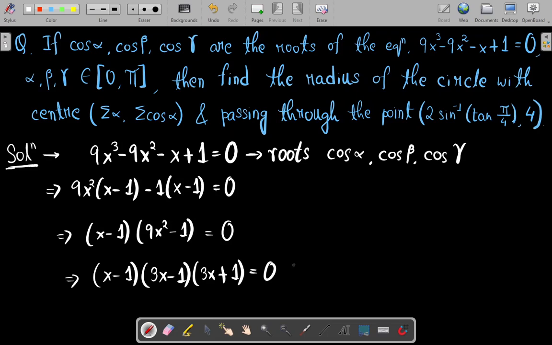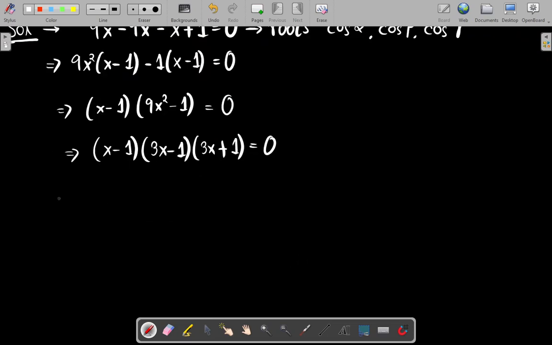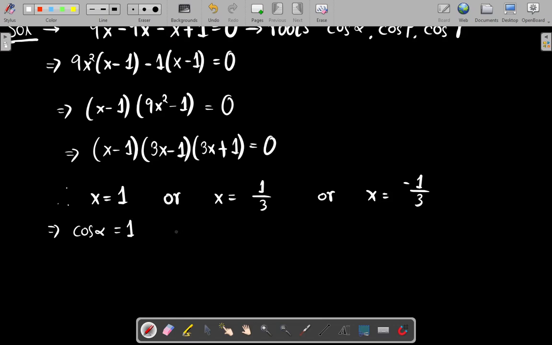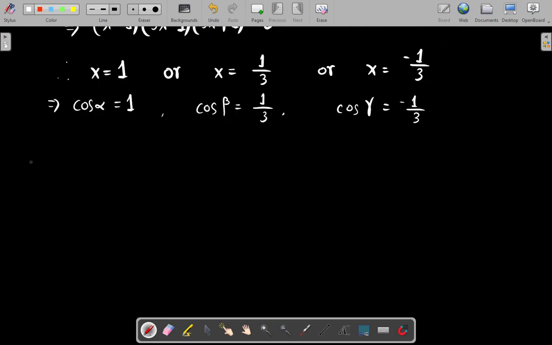This implies that either x equal to 1 or x equal to 1 upon 3 or x equal to minus 1 upon 3. So if I say this is cos alpha, cos alpha equals 1, cos beta equals 1/3, and cos gamma equals minus 1/3. These are the three values.